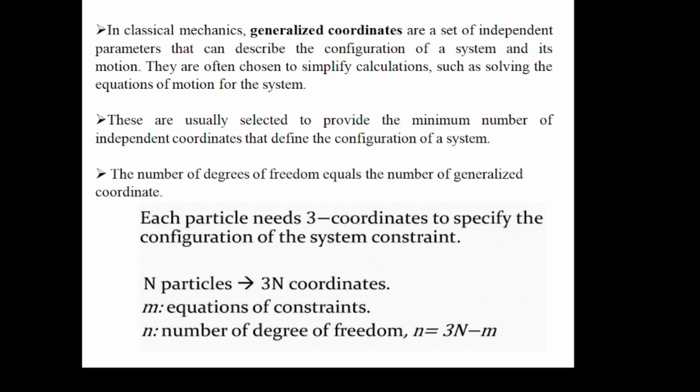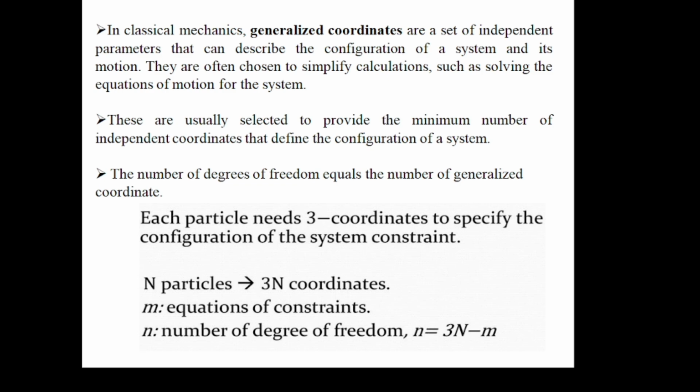Now we will discuss what a generalized coordinate is. So generalized coordinates are a set of independent parameters. Here the term independent is very important. Independent parameters that can describe the configuration of a system and its motion.